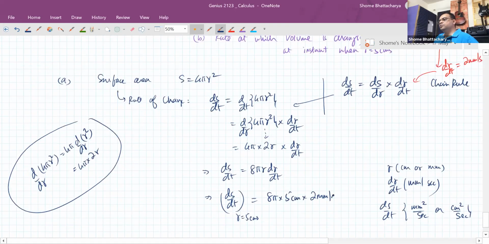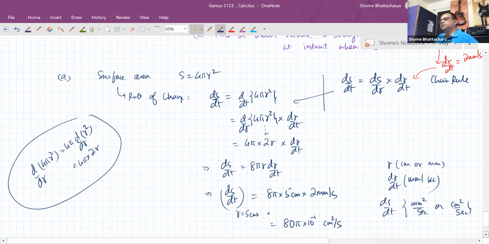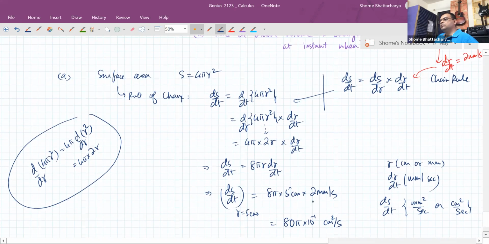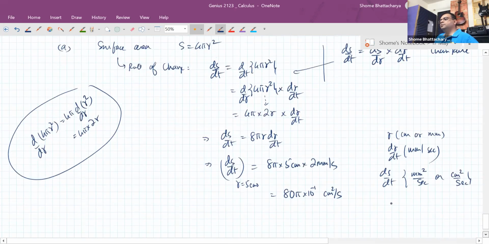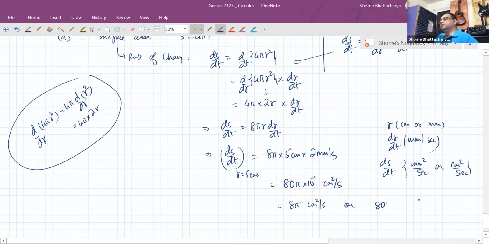So that is becoming, you can call it 80 pi into 10 raised power minus 1 centimeters square per second, or 8 pi centimeters square per second. Or we can also say that it is 800 pi millimeter square per second.